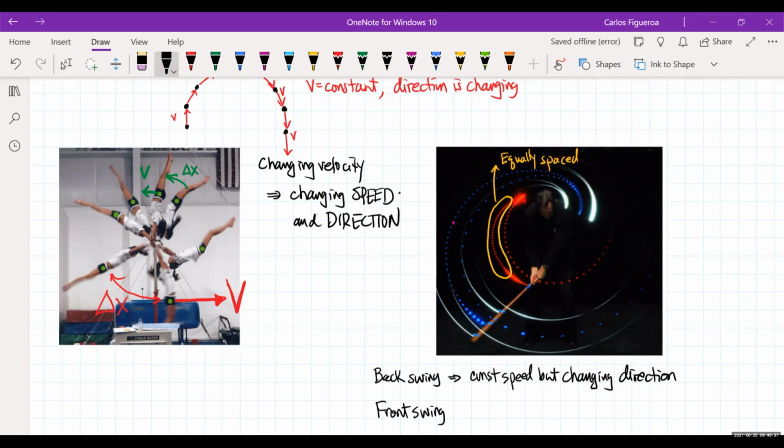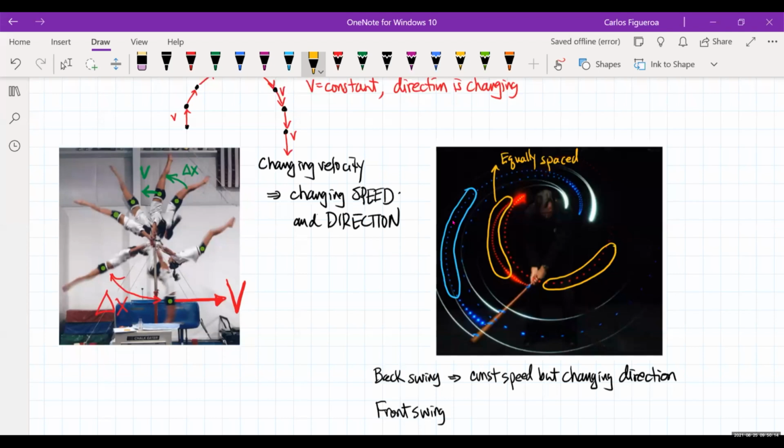And I can do the exact same thing with the blue dots here. If you look at the blue dots, there's a period of time where those dots are equally spaced. But now, as the bat goes forward and you're swinging this bat, look at what's happening to these spaces now.